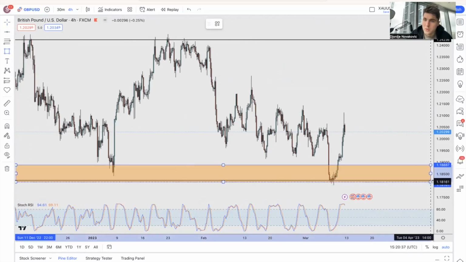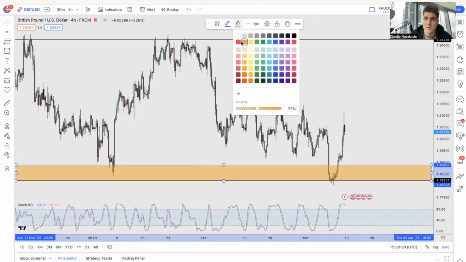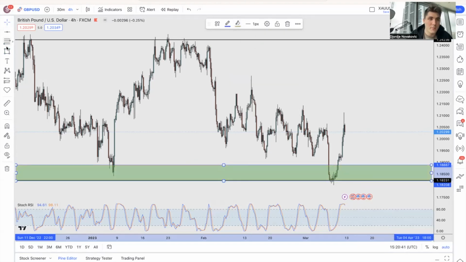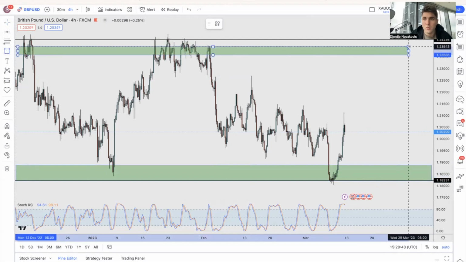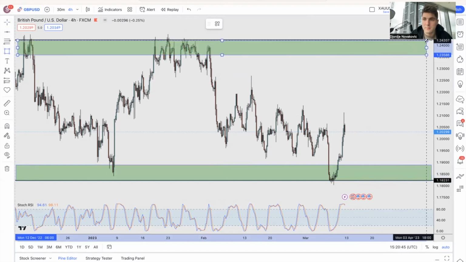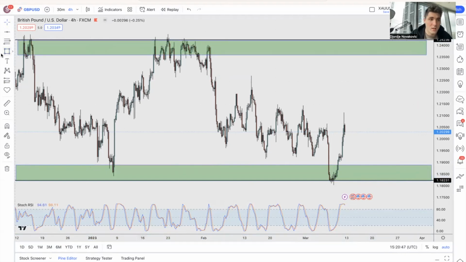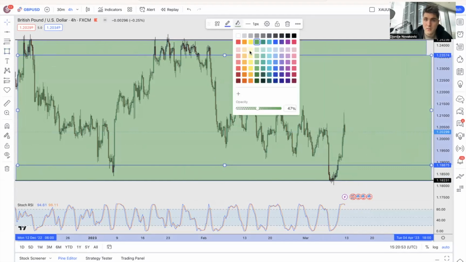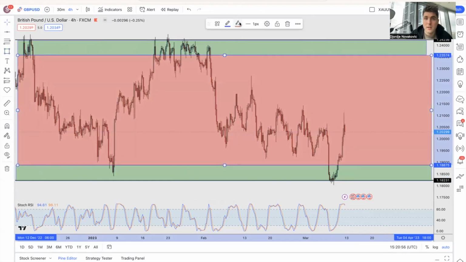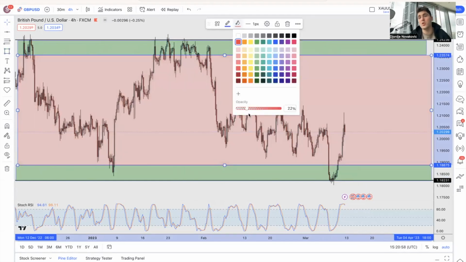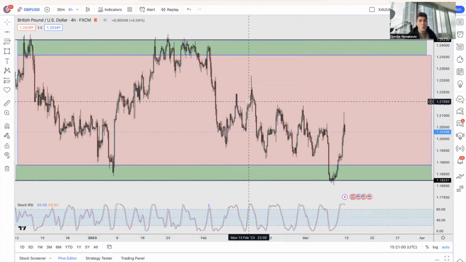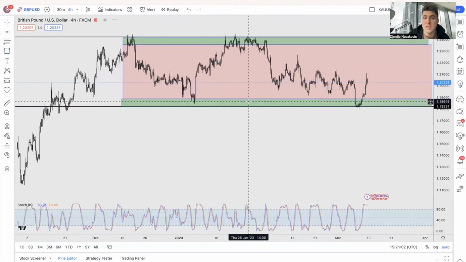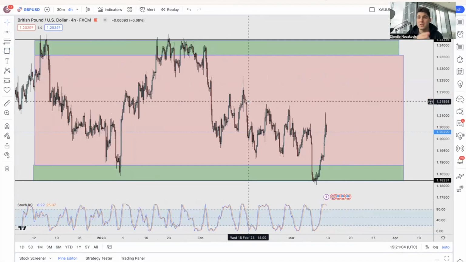When we're near to the support, it's a good buy. When we're close to the resistance, it's a good sell. But when we are here in the middle, there is nothing to do. We don't know what's gonna happen, as I told you. So GBP USD at the moment, there is nothing to do.